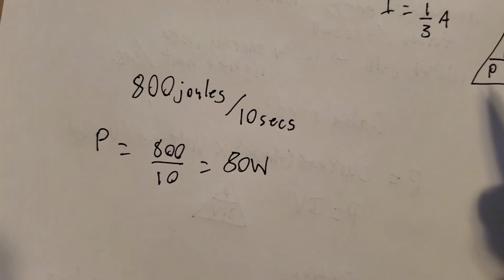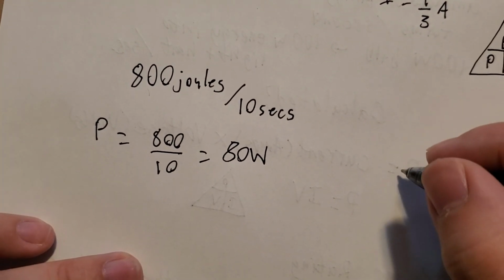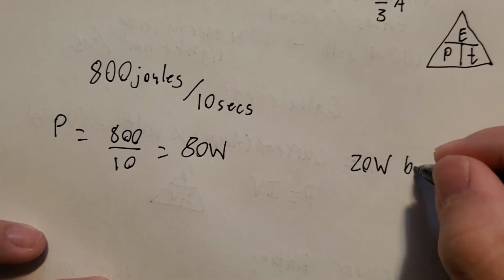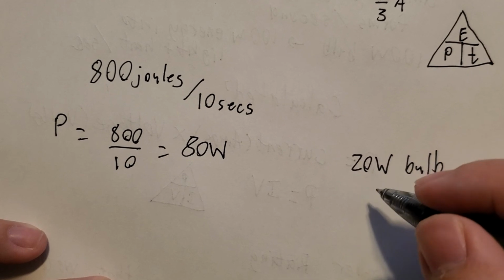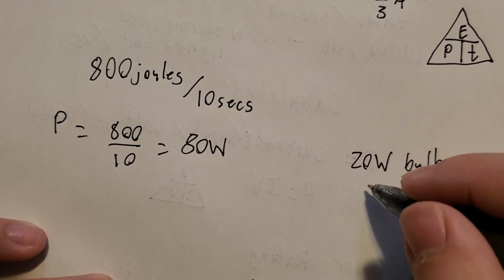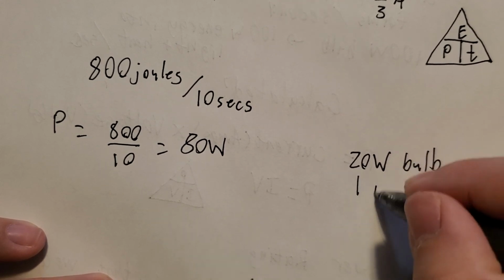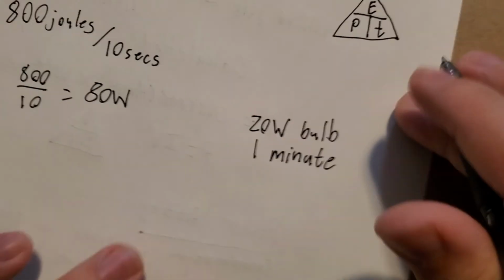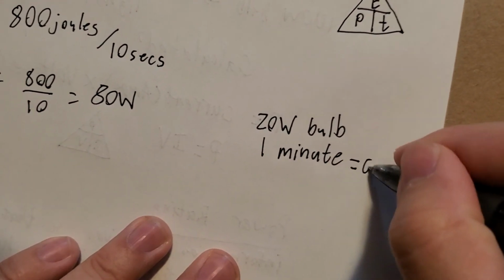Alternatively, I could say that I have a 20 watt light bulb and I plug it in for a minute, which is 60 seconds.